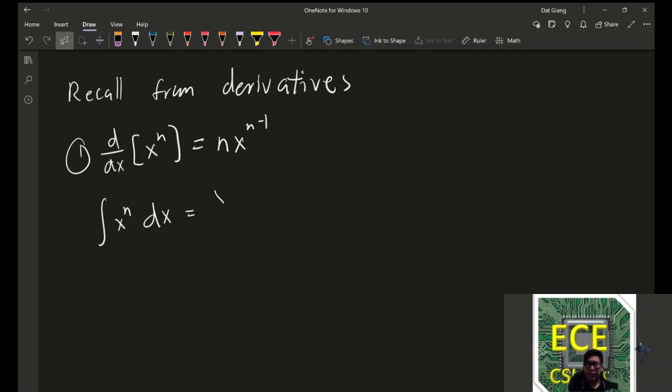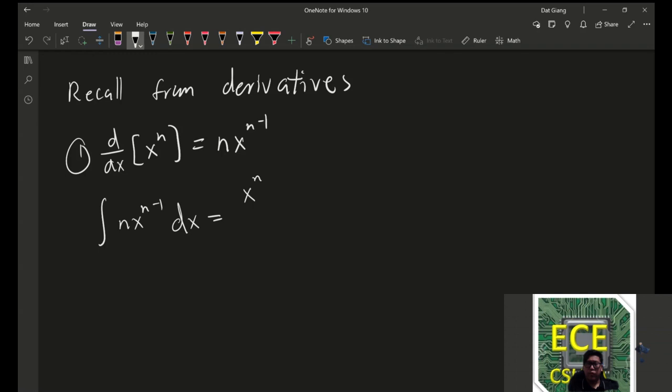So if we were to integrate the result, we have the integral of n x to the n minus 1 dx. And the way we undo this, we want to match it to this.